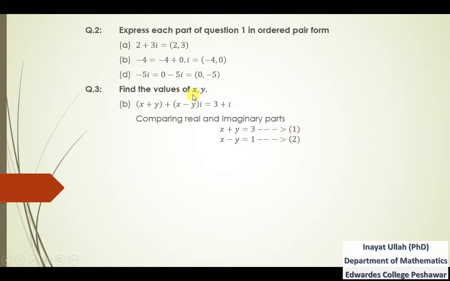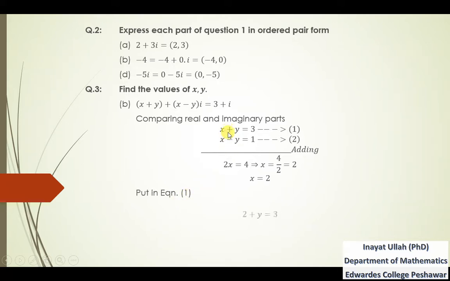We are going to find x and y. Whenever we add these two equations, y will be cancelled out, and x plus x will be 2x, 3 plus 1 is 4. Dividing by 2 to get the value of x, x is 2. Now put the value of x in one of these two equations. For example, I am putting this value in equation 1.